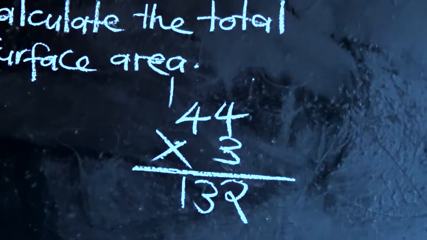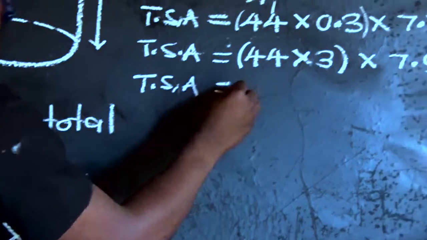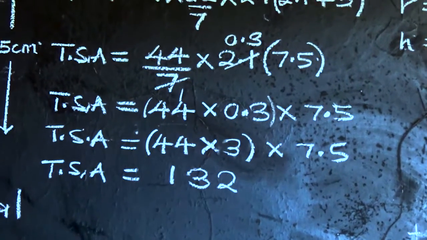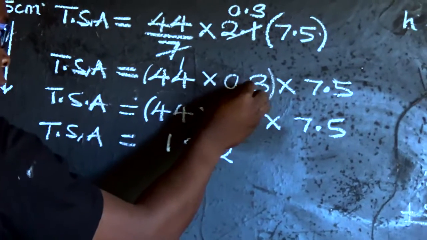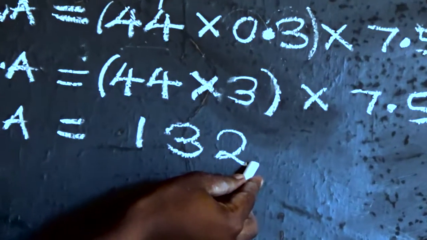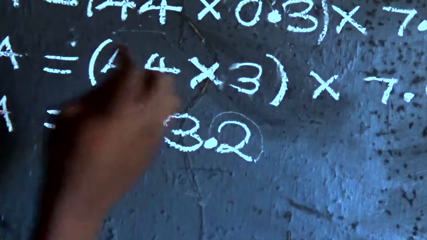So we have 132, but we have to ignore one decimal point. Taking it back, you put it here, where the point is going to be.